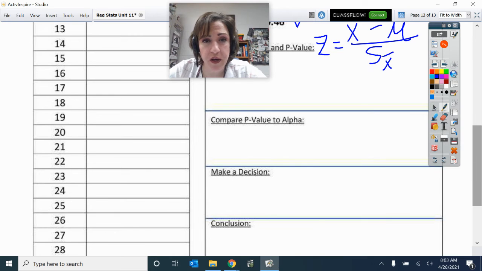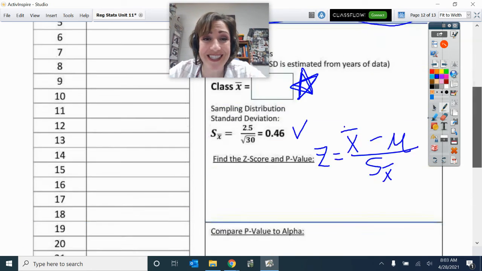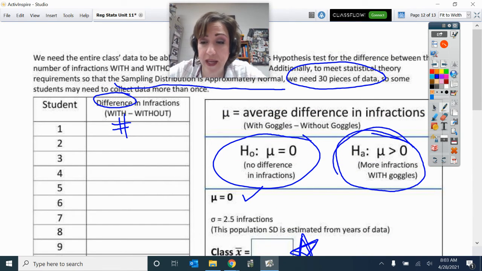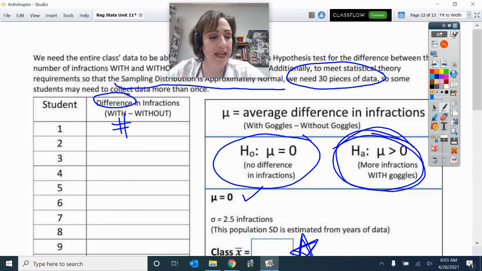Then we are going to compare, make a decision, and have a conclusion, and see if, on average, we have more infractions with the goggles than without. So there is your next test and your next data collection.